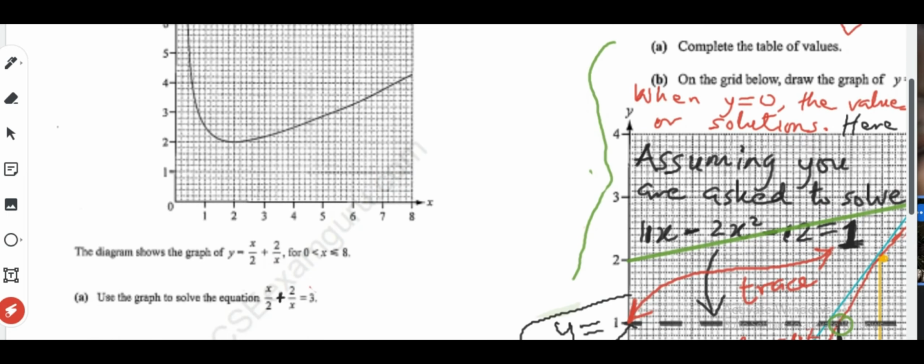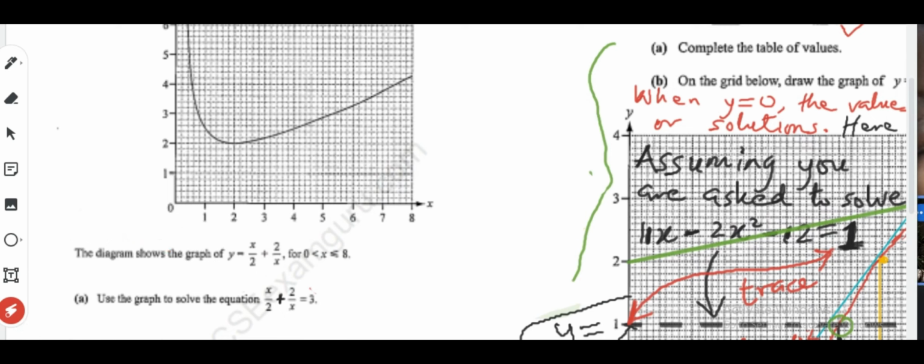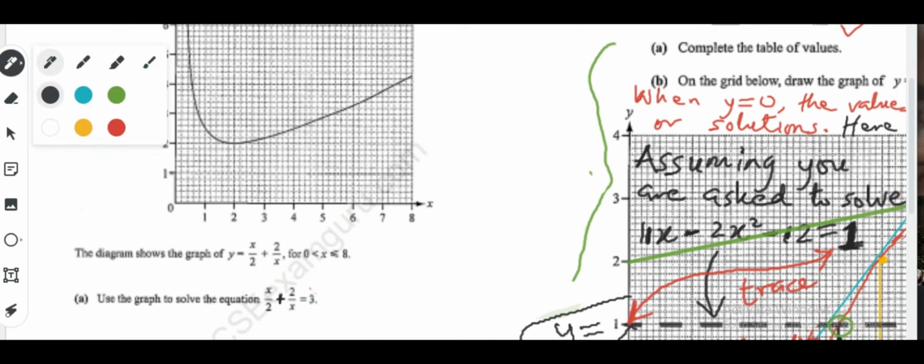Can you read out the question? The diagram shows the graph of y equals x over 2 plus 2 over x for 0 less than x less than or equal to 8. Use the graph to solve the equation x over 2 plus 2 over x equals 3.